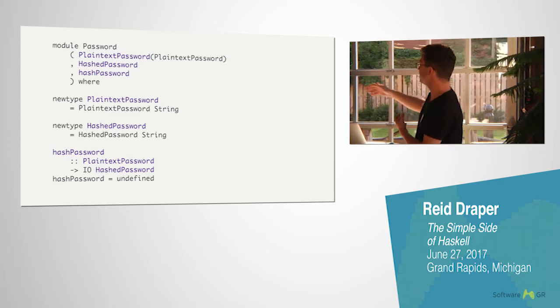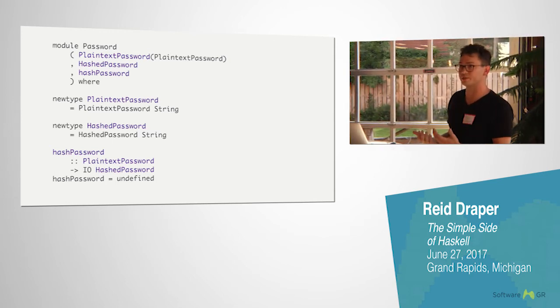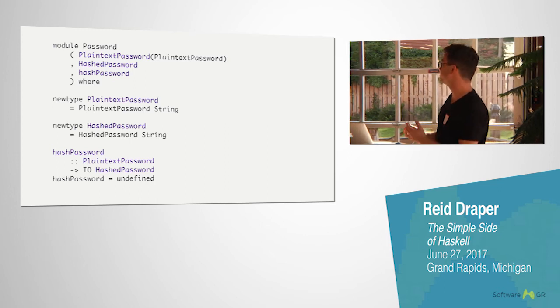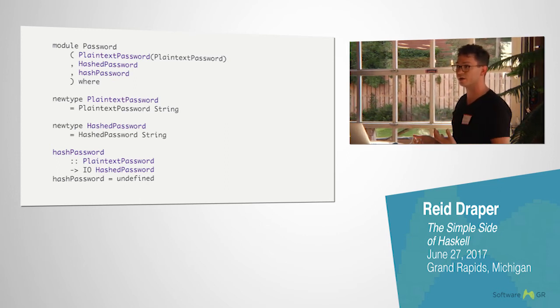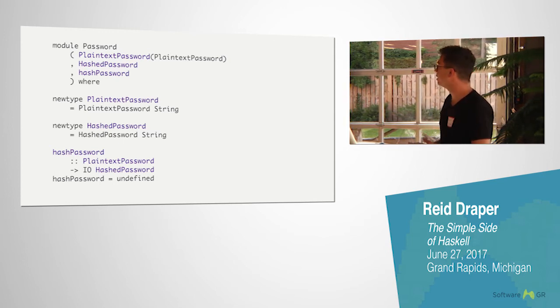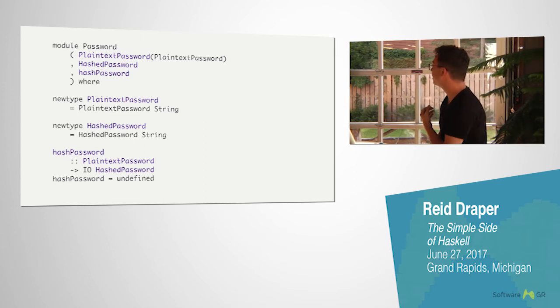It only takes 2 lines of code to create one of these new domain-specific types. If we want, we get as much of the functionality from the underlying representation as we want. So we're not re-implementing all of the functions for string. We get to reuse and borrow as much of that as we want.